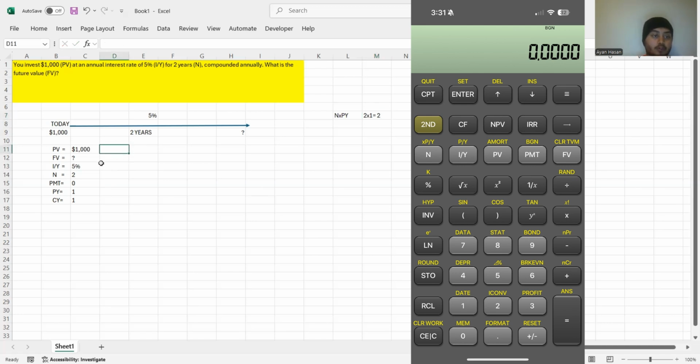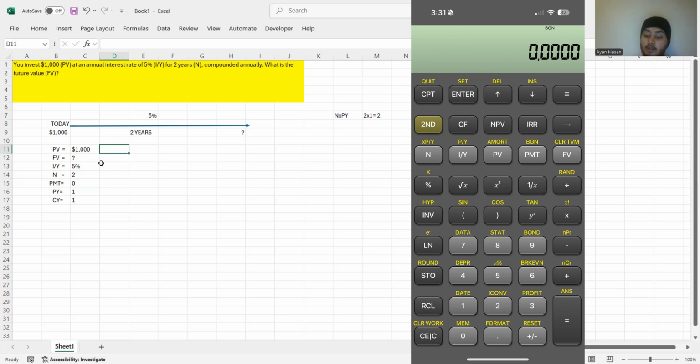Now we have to solve the question. PV is 1000, IY is 5%, N is 2, PMT is 0, CY is 1.